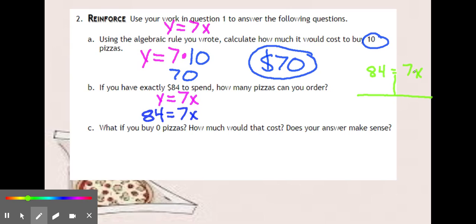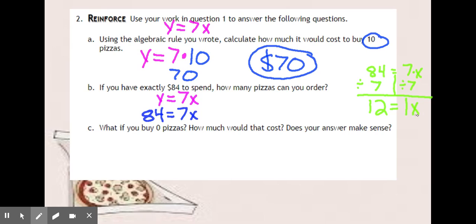And I know that this is 7 times x, so I will divide both sides by 7. $84 divided by 7 is 12, and 7 divided by 7 is 1, and then I bring down my x. So I get 1x equals 12, and I know that x was pizzas, so I know that I can buy 12 pizzas.